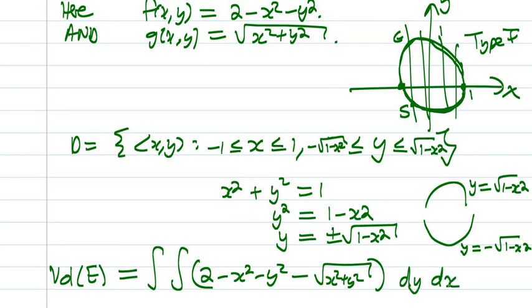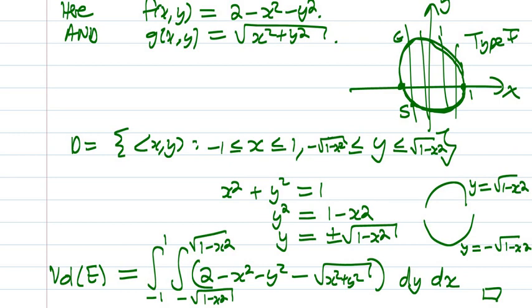So x is starting at minus 1 and ending at 1. Y is starting at minus the square root of 1 minus x squared, and it's ending at the square root of 1 minus x squared. And that, ladies and gentlemen, is how you can convert this volume, the volume of region E, which we saw in worksheet 1, as an iterated integral of the form dy dx.